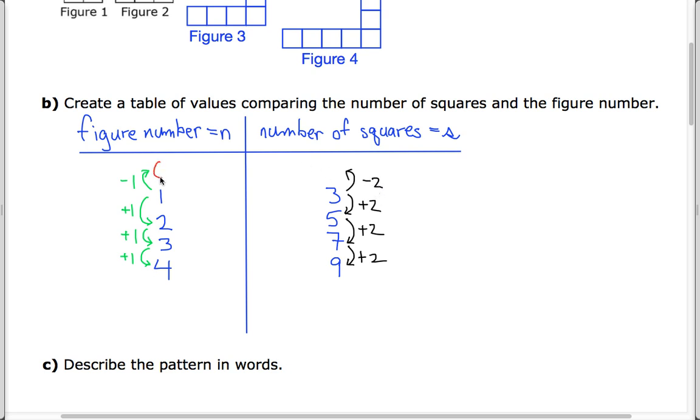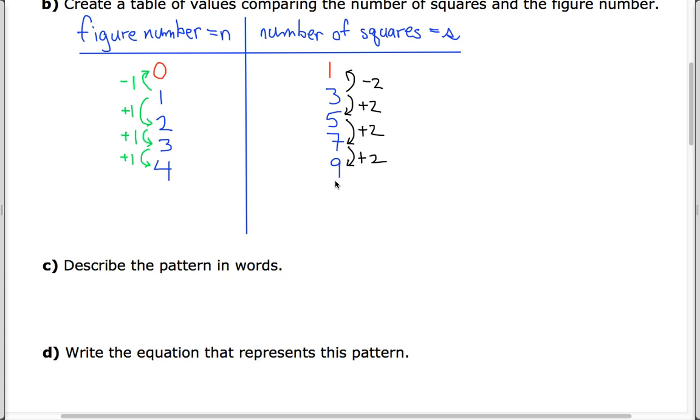So as a result, when our figure number is hypothetically 0, we would hypothetically again have the number of squares being at 1. So those are going to be some key things that we're going to use in coming up with an equation.